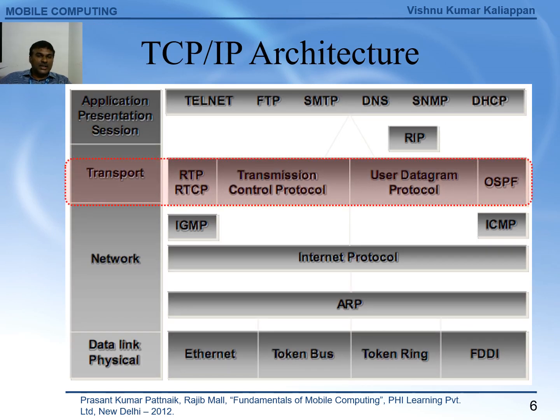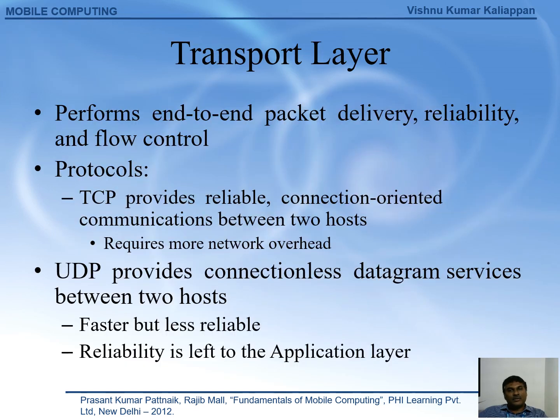The next is the transport layer, where RTP, real-time transport protocol, transmission control protocol, and user datagram protocol are all considered with the transport layer. The transport layer performs end-to-end packet delivery, reliability, and flow control. These are the three parameters this layer is in charge of.